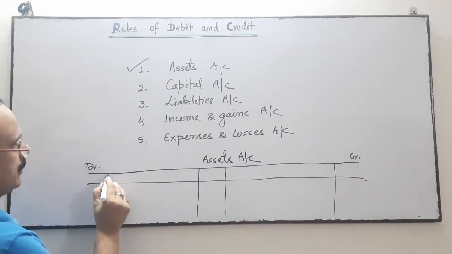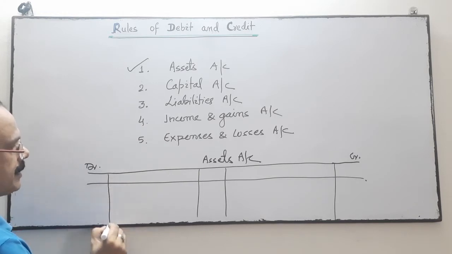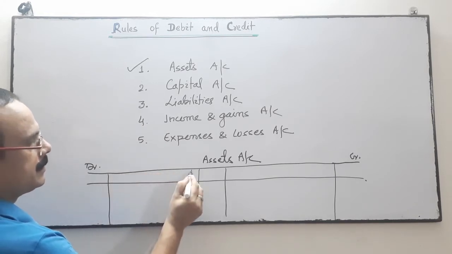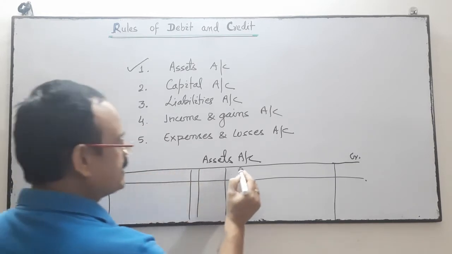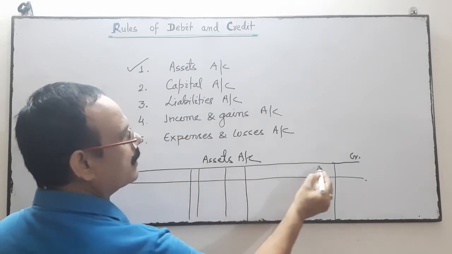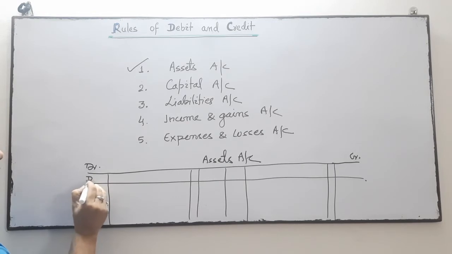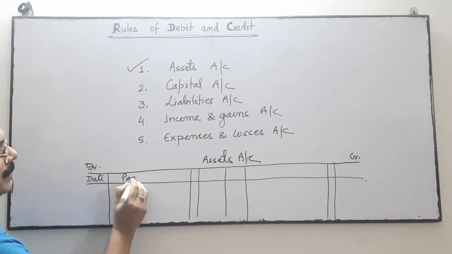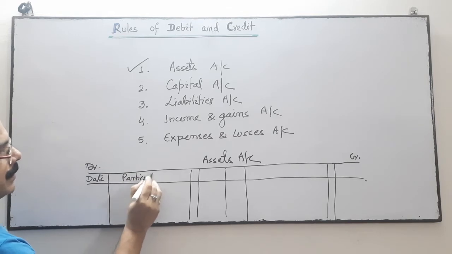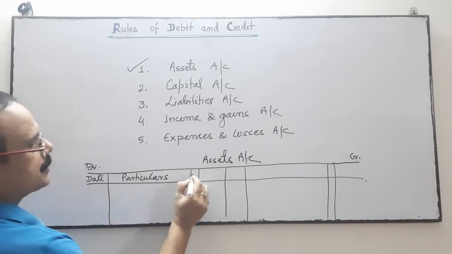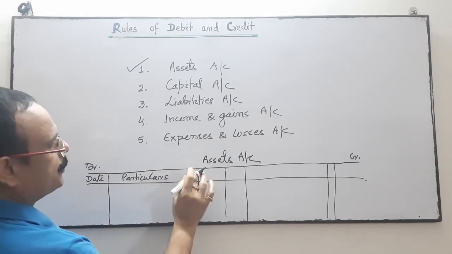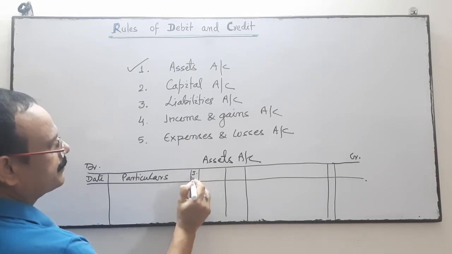This will be like this: date, particulars, we'll discuss this later on in detail. This is for date, this is for particulars, this is for ledger journal folio, JF.